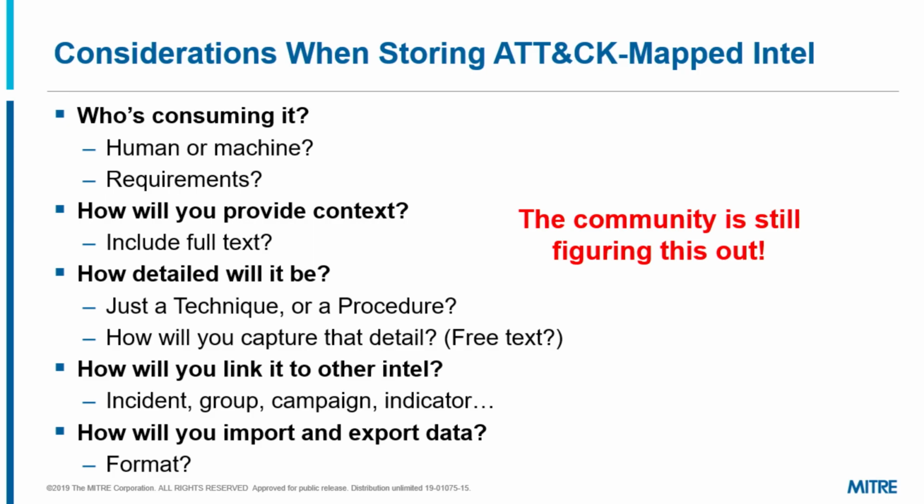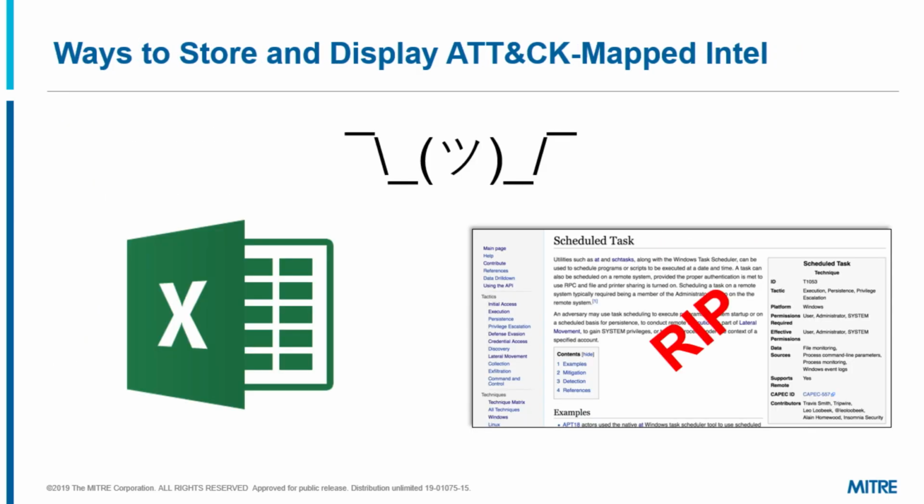Again, we just wanted to summarize some considerations to think about as you're storing this ATT&CK-mapped intel, with the realization that none of us have it quite perfect, and all of our requirements for this are going to be a little bit different. You might want to start simply with something like Excel, the best CTI tool of all time. ATT&CK itself started as a spreadsheet, so maybe for your team, putting that intel in Excel works for you.